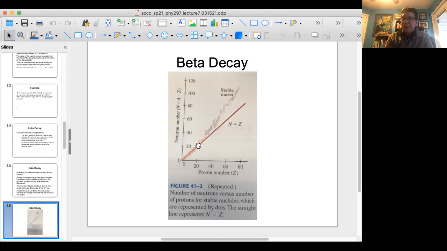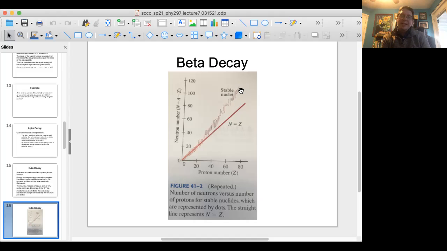But as you go above 20, neutrons tend to outnumber the protons in a stable nucleus, and that ratio gets steadily bigger the greater the atomic number.